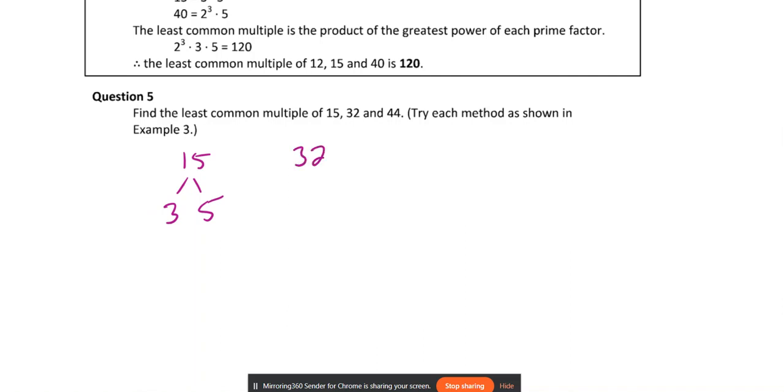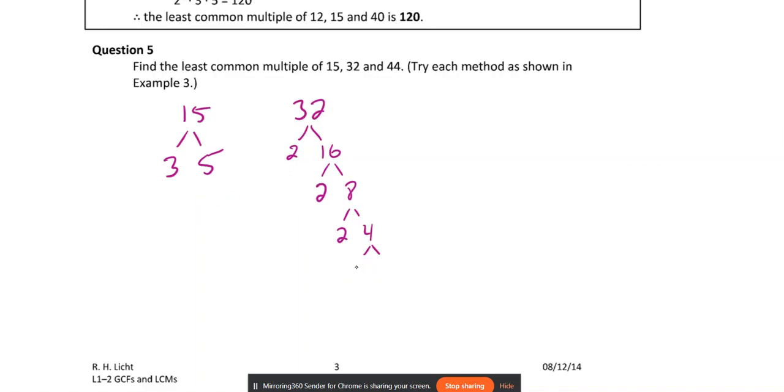32 would be, what do you think? 2 and 16. 16 would be 2 and 8, 8 would be 2 and 4, and then 2 and 2. Okay, sorry, this first one was 3 times 5.